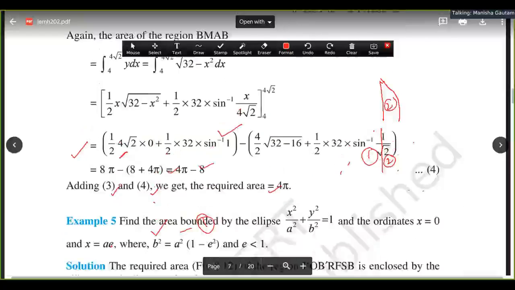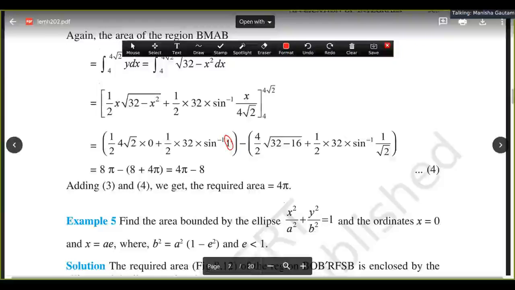And after putting the values here, you must know the value where sine is 1. Here you have to put sin pi by 2. This is 1.